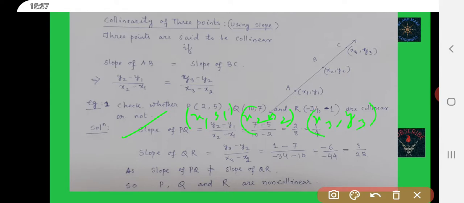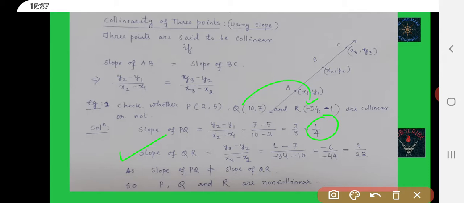So, y2 minus y1, that is 7 minus 5, by x2 minus x1, that is 10 minus 2, that is equal to 2 by 8, and you cancel, you get 1 by 4. Now find slope of QR.